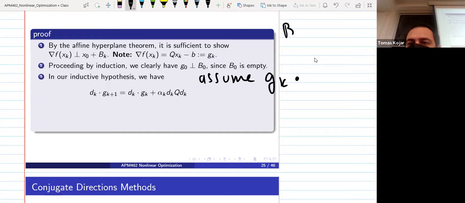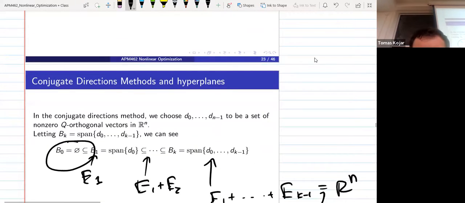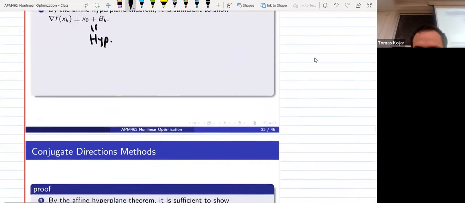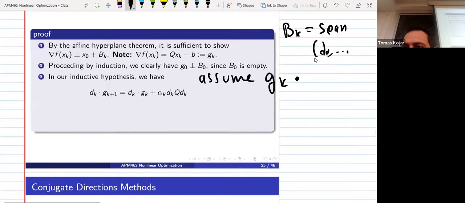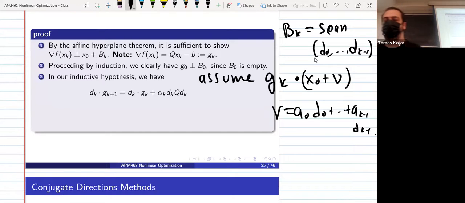So again, B_k was the span from D0 all the way to D_{k-1}. So we're saying take a vector from there, plus x0, where V is of the form a0 D0, and so on, up to a_{k-1} D_{k-1}. All right.